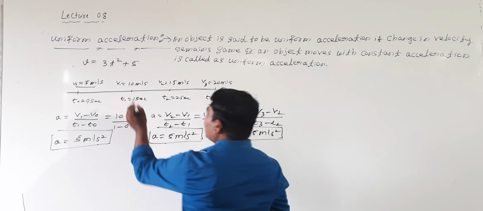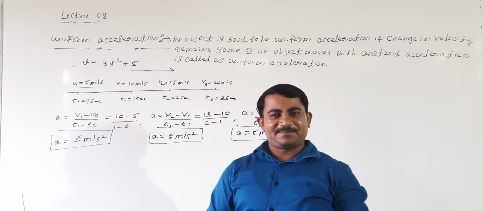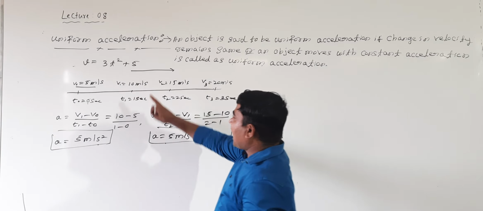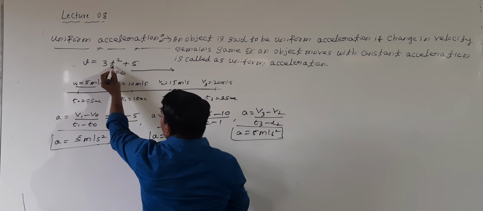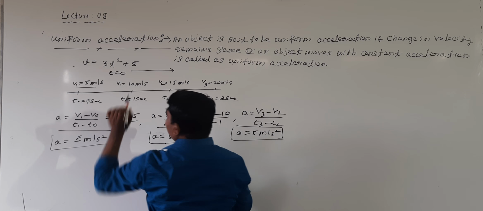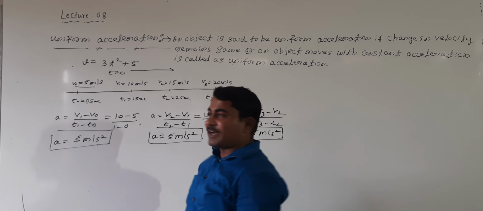When time t equals 0, 0 square is 0, 0 into 3 is 0, this term goes away, and 5 meter per second remains.